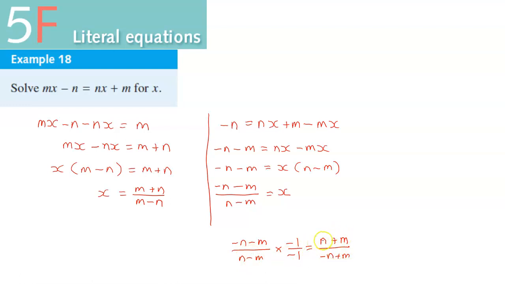And hopefully n plus m is the same as n plus n, and minus n plus m is the same as m minus n. So with literal equations, you might get a different answer to what's in the back of the book depending on what steps you chose to take. Your answer, if it's correct, will be equivalent to the answer in the book. But if you're unsure whether they are, then you can check with your teacher.